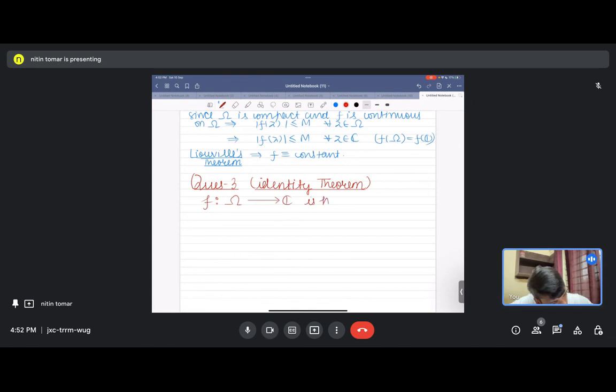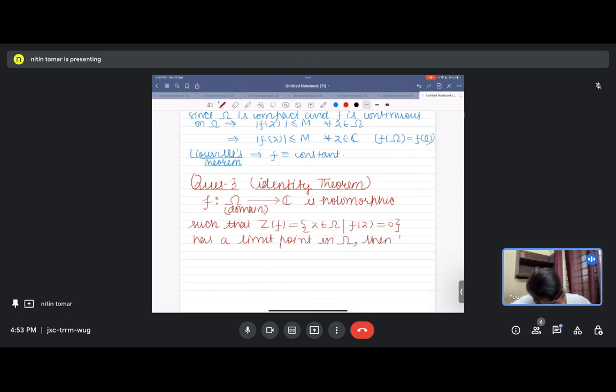If f from omega to C is holomorphic, and remember omega is a domain in C, such that Z of f, the zero set of f, that is the points in omega where f of z is 0, has a limit point in omega, then f is 0. So this is the identity theorem.